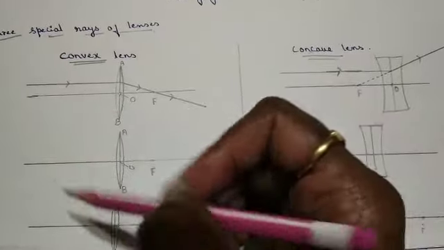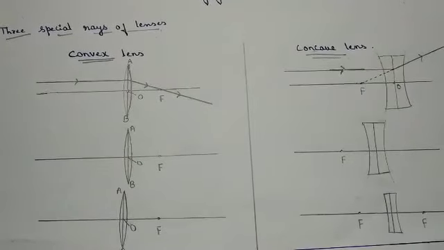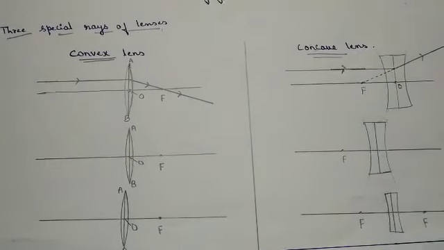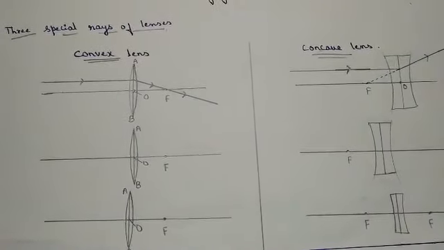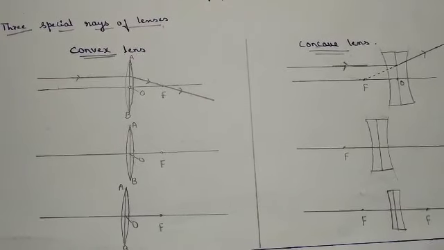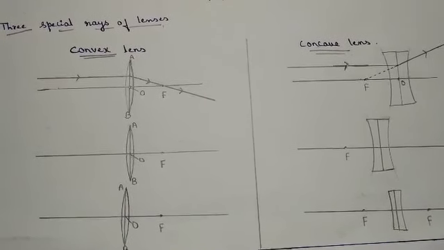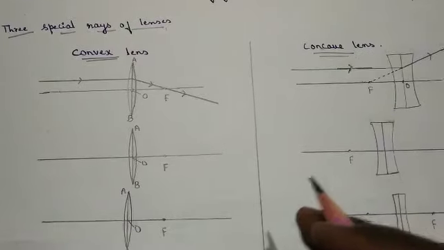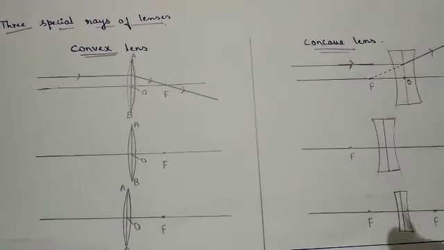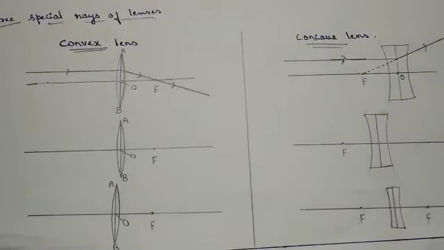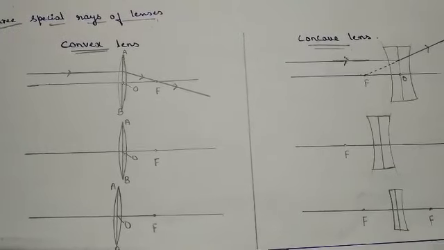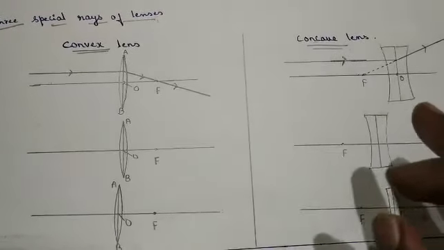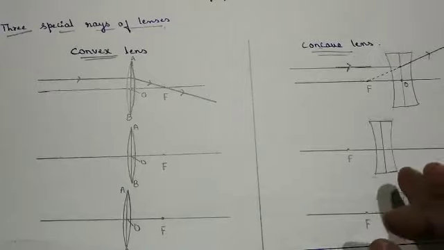So why do we have to study the ray diagrams? The ray diagrams help us to know the nature, size and position of the image formed when an object is kept at different distances from the lenses. So to know the nature, size and position, we should know about the ray diagrams.